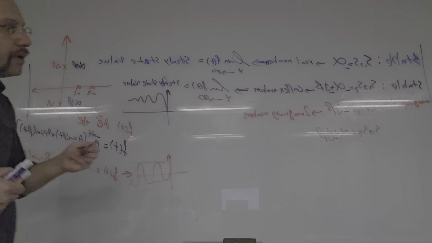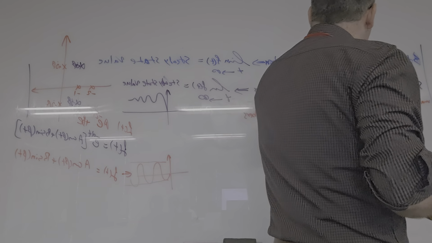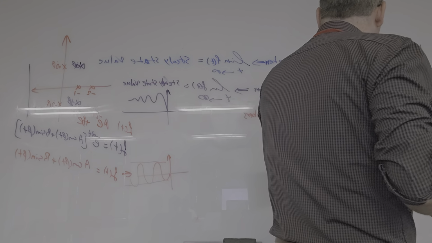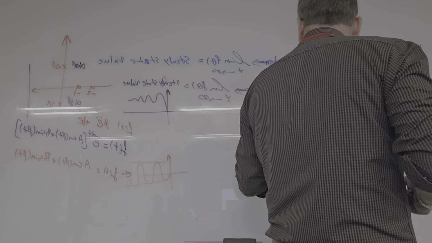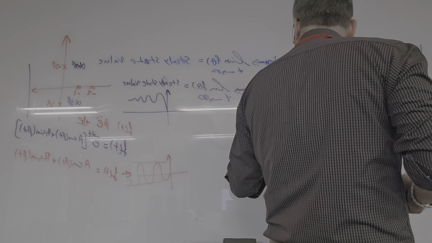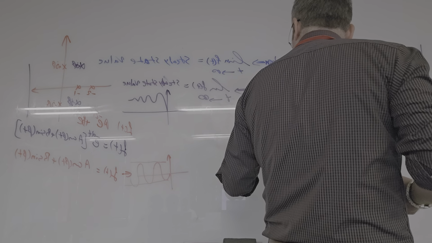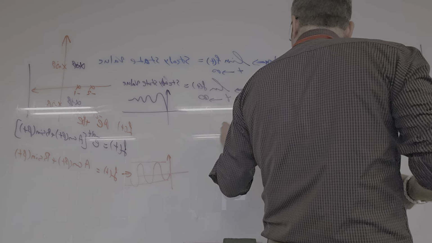What would happen if our alpha here, the real part, is a positive number?